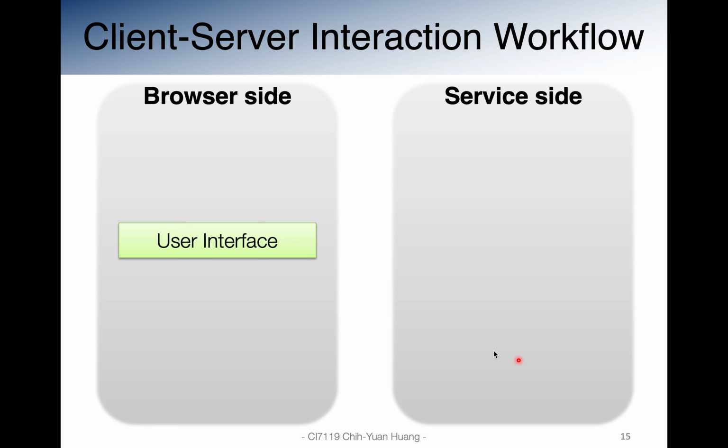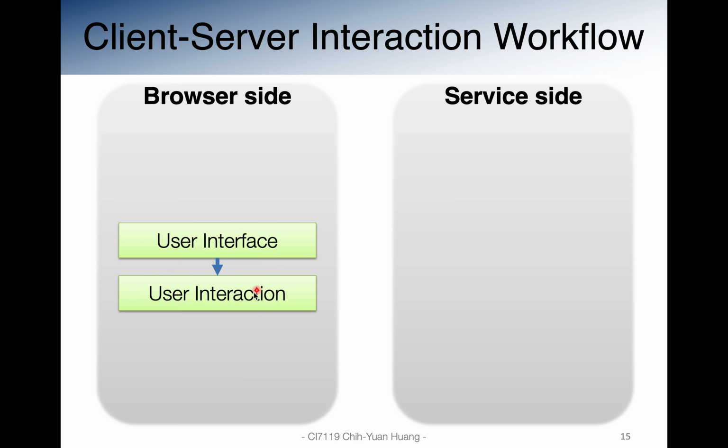First of all, starting from the browser side, you can have a user interface. You could have a map. You could have a button. You could have a certain URL, for example. So users can have the user interface to interact with.